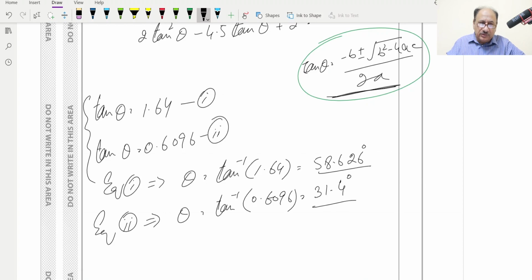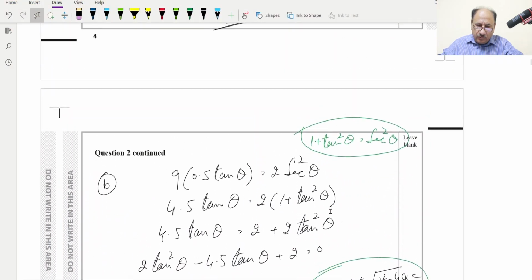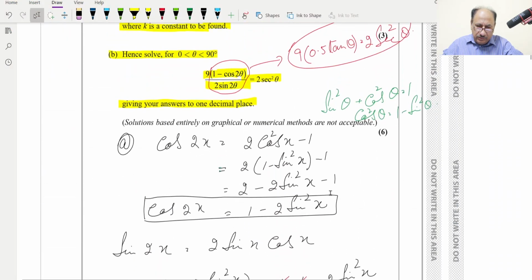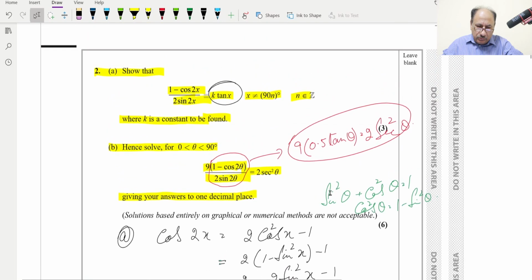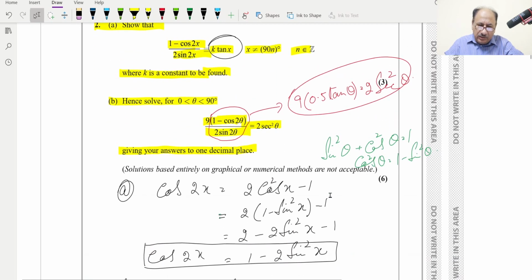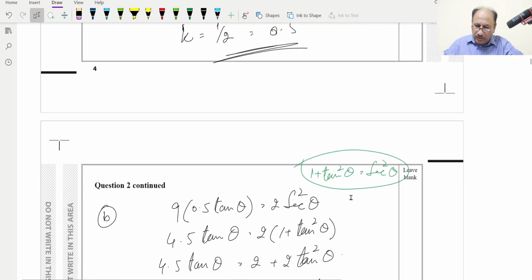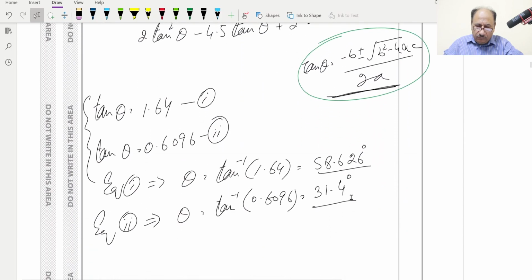We got two theta values. Basically we were looking for these values, which are between 0 and 90 degrees, so we will not be looking for other values because they will be out of the range provided.